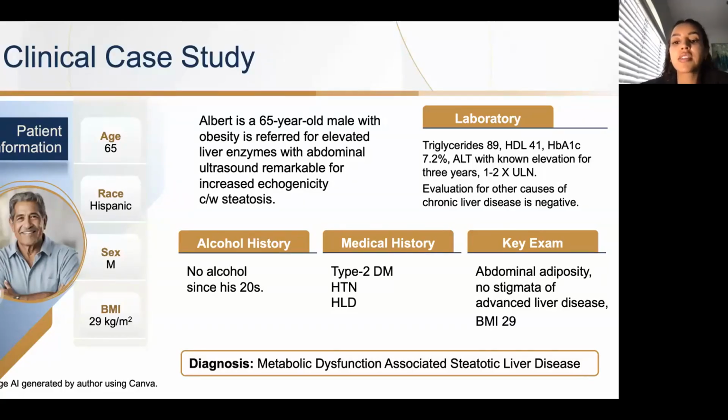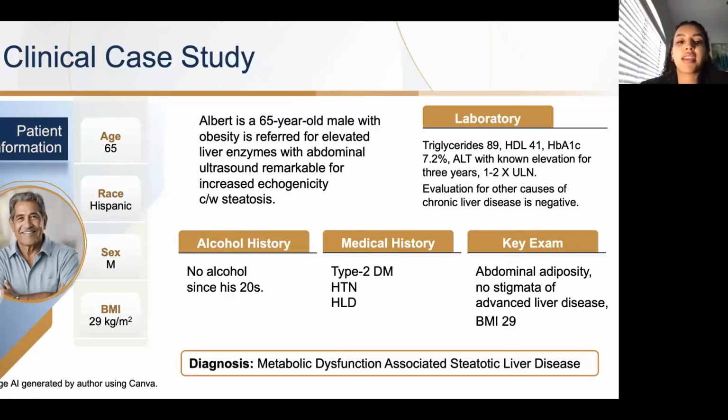So all other causes of chronic liver disease have been ruled out. So we've ruled out any other chronic liver disease, and he does have these cardiometabolic risk factors: obesity, type 2 diabetes, hypertension, and hyperlipidemia. So we end up diagnosing Albert with MASH, metabolic dysfunction-associated steatotic liver disease.